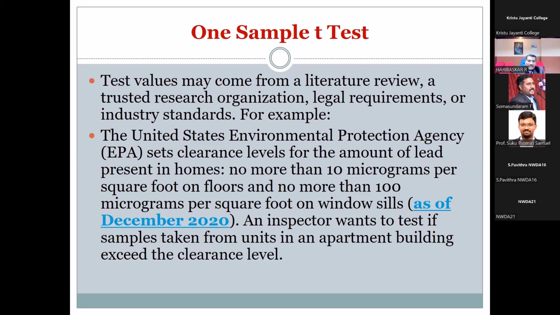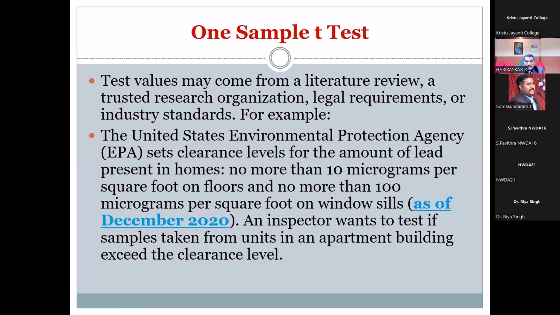That data can be tested against the population mean, which here is 100. With this population mean, we can test whether the sample mean we collected is aligned with the population mean or not. So this is one example.